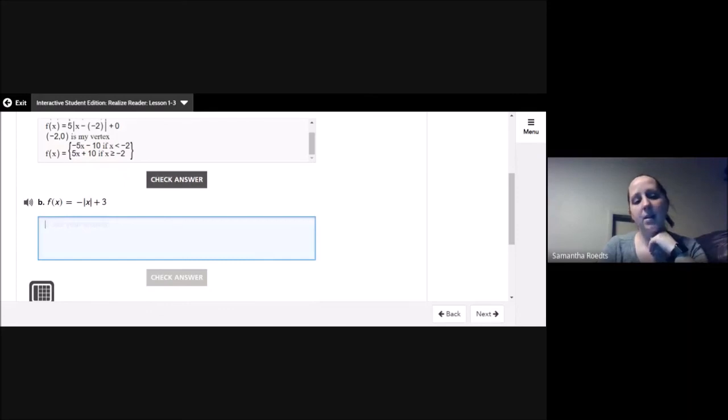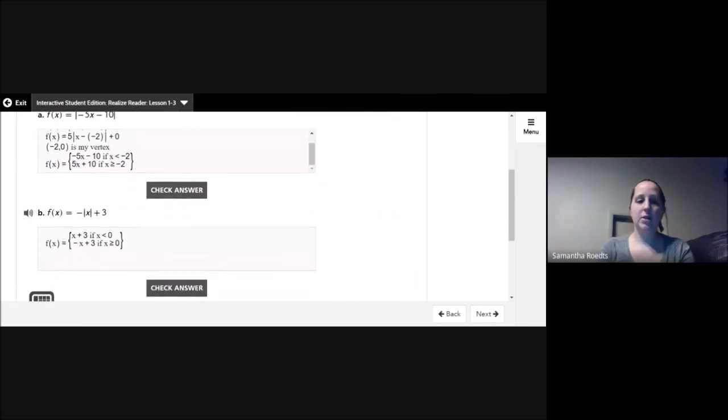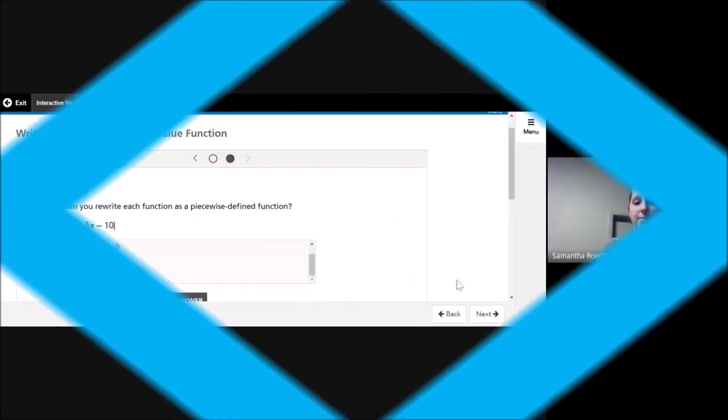For b, I have f of x equals negative absolute value of x plus 3. So I have f of x equals x plus 3 if x is less than 0, and negative x plus 3 if x is greater or equal to 0. It's actually really helpful if you graph these. If you graph the function, you can see it.